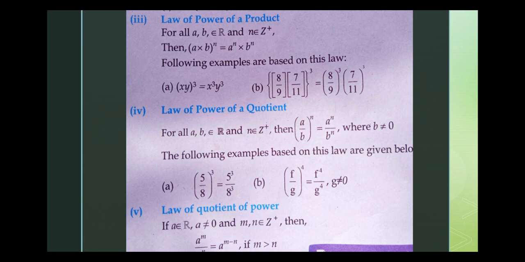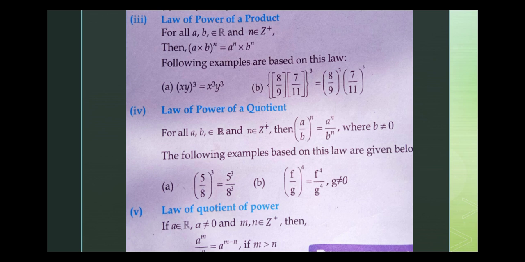Law of power of a quotient. Quotient means in the form of a fraction or division, like a upon b whole power n equals a power n divided by b power n, where b is not equal to 0.